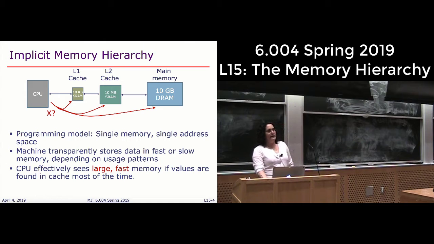If it is, it'll return the data a little more slowly than the first one, but still faster than going to main memory. And finally, if it's not in either one, then it'll go to main memory, and there it'll be able to find the data.